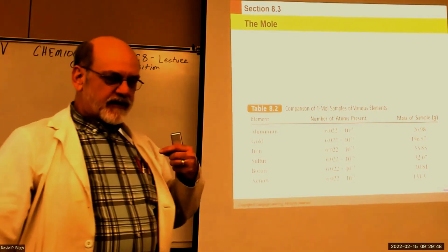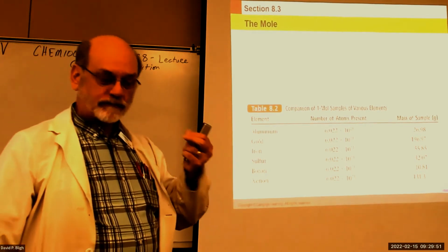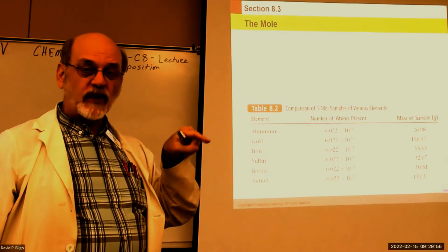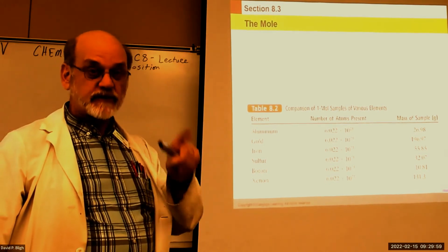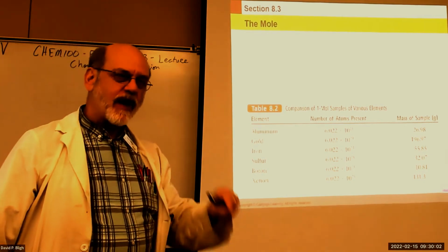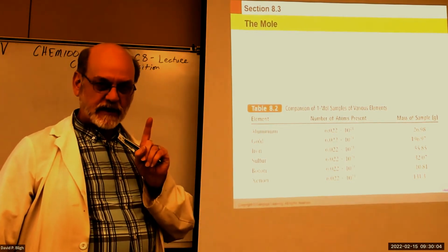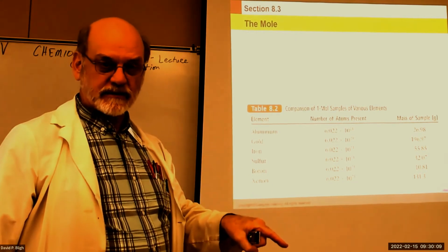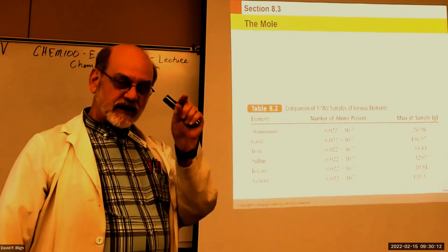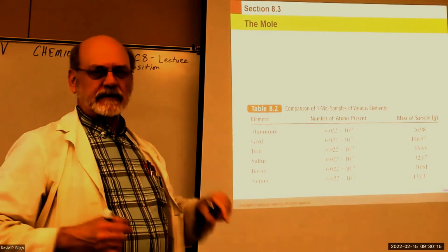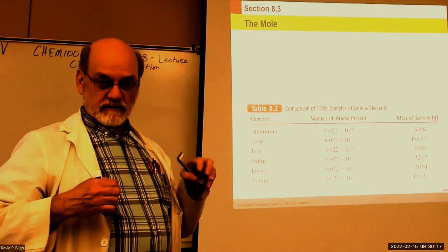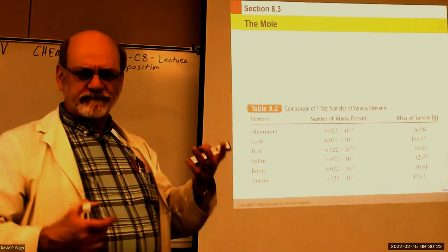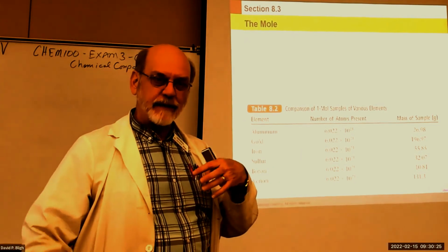So the beauty of this concept of the mole is that the value for aluminum, 26.98 atomic mass units, is for 1 atom. If you have a mole of atoms of aluminum, they will weigh 26.98 grams. So that number in each little box for the element, that mass, could be in grams or it could be in AMUs.